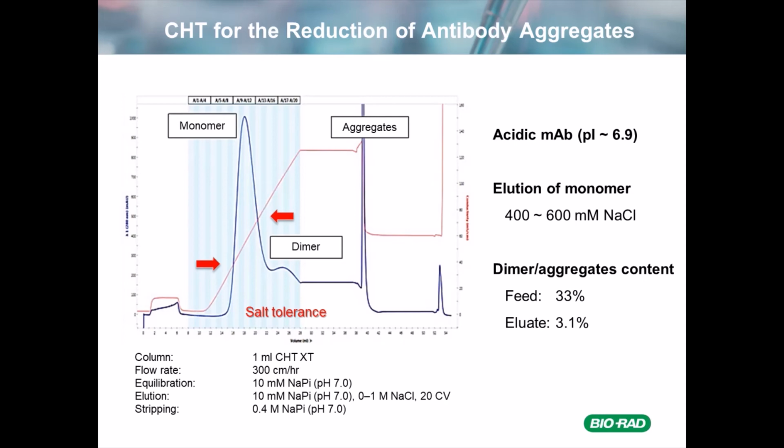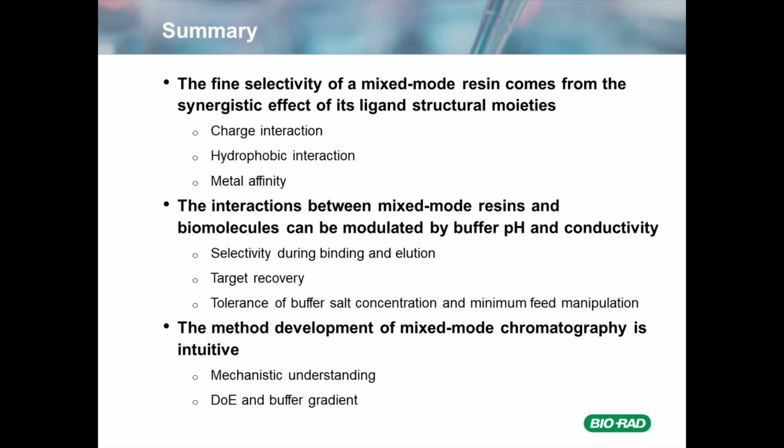To summarize my presentation, I hope I have shown you examples of how the selectivity of a mixed-mode resin can be achieved by manipulating the charge interaction, the hydrophobic interaction, and the metal affinity interaction of the structural moieties on this chromatography media.